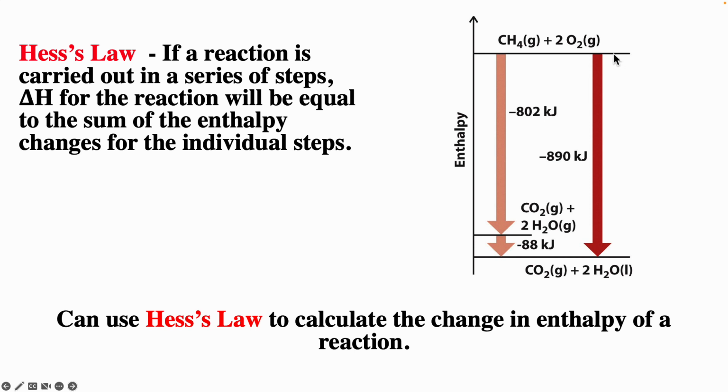Or you can imagine a one-step pathway where you go straight from the methane and O2 gas to CO2 and the liquid water. Now, enthalpy is a state function, and so it only depends on the initial and final states. And so this is our initial state, this is our final state. The delta H should be the same if we take this path or that path. Remember, enthalpy is not a path function, it is a state function.